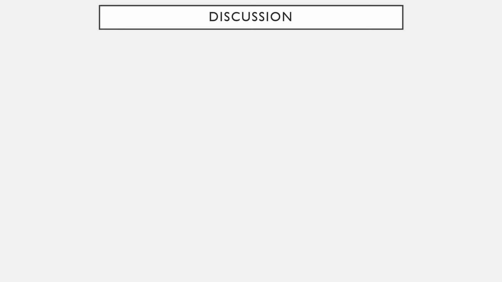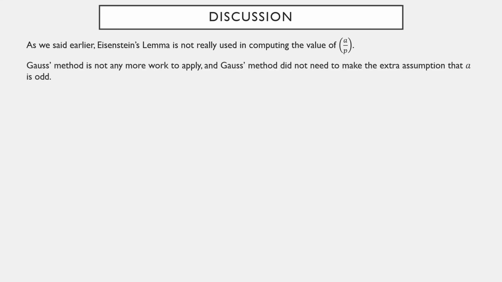So let's talk about Eisenstein's lemma a little bit. We already mentioned we're not really going to use it to compute values of Legendre symbols. Gauss's method is not really any more work. Both involve repeatedly applying the division algorithm. In Eisenstein's lemma, you keep track of the sum of the quotients, whereas in Gauss's method, you keep track of how many remainders are big.